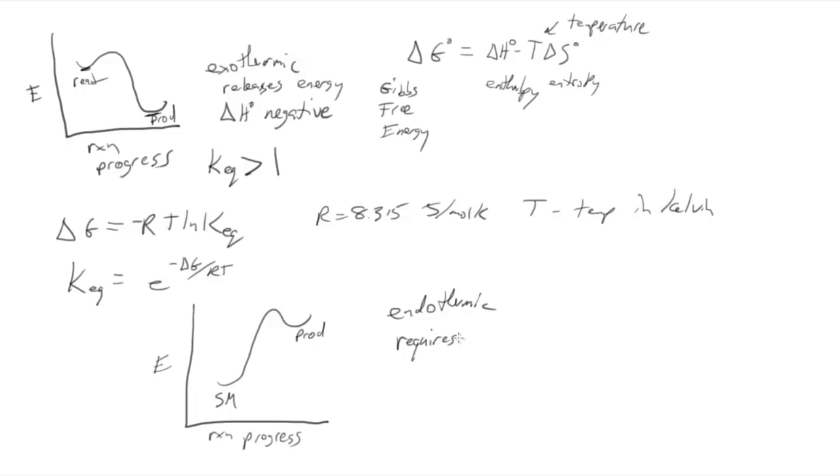This one requires energy input to make the reaction occur. Delta H is positive because of the energy input, and KEQ will be less than 1 because reactants are favored. The reactants are lower energy.